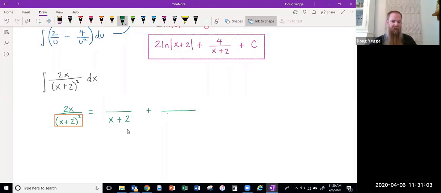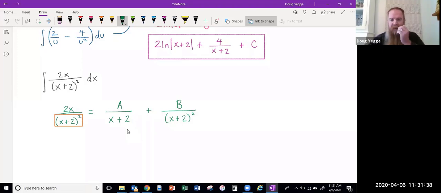I could potentially, though, have an x plus 2 quantity squared for my denominator as well. So if there are repeated factors, I need to write out 2 separate fractions, one with the squared factor and one with the single factor. And now I would say a over x plus 2 plus b over x plus 2 quantity squared.